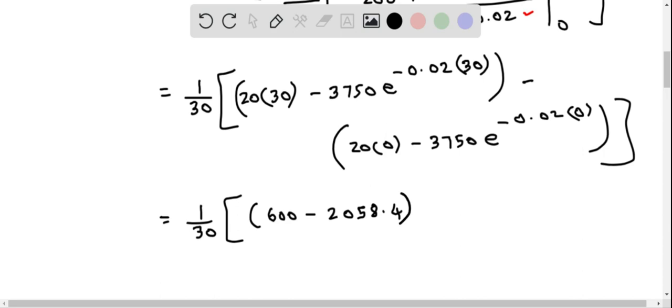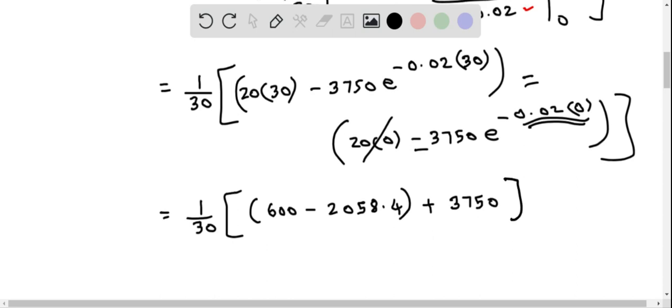We then put this bracket minus, this is 0, and this negative of negative will become positive. So therefore I can in fact remove this bracket and put this as a positive of 3750. This is e raised to the power of negative 0, which is in fact 1. So this basically becomes 3750 times 1 is 3750.